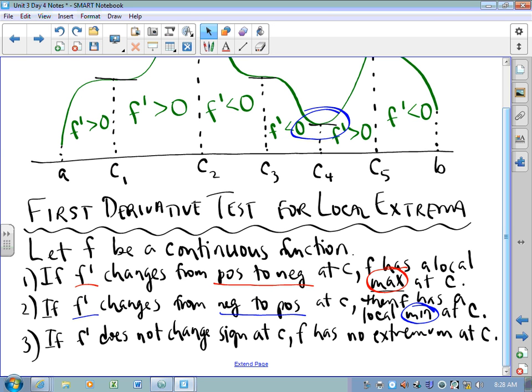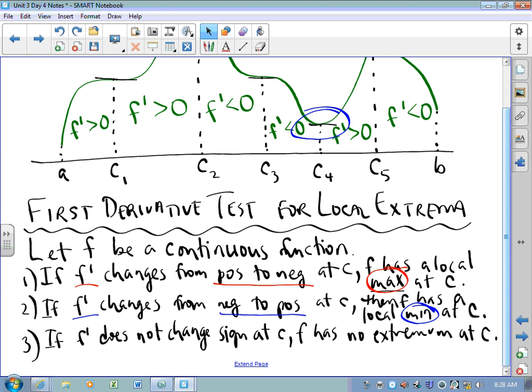So I want to get us out of this mode that says the derivative is 0. We look for critical points, places where the derivative is 0 or does not exist, and we do that so that we can look for the places where f prime changes sign. That's what matters when we're looking for extrema.